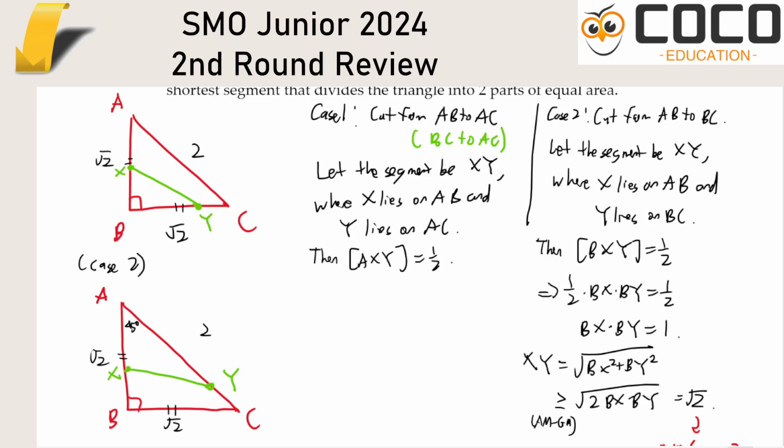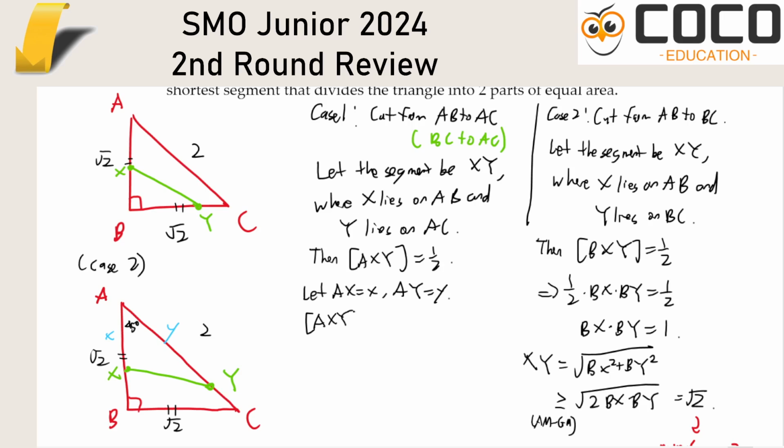Okay, so what's my approach going to be? I'll start by just calling these lengths little x and little y. Again, I'm going to refrain from using trigonometry, so I'm just going to use ratio of areas.